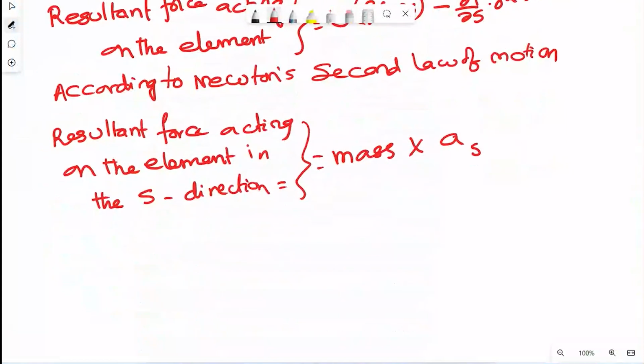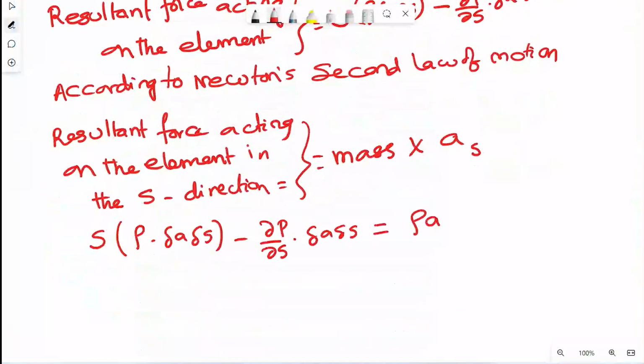So S into rho into delta A delta S minus dou P by dou S into delta A delta S is equal to mass, which is rho delta A delta S, into AS.